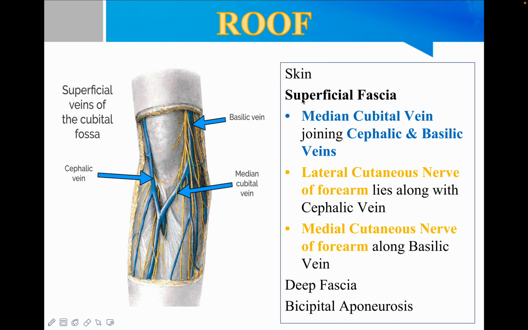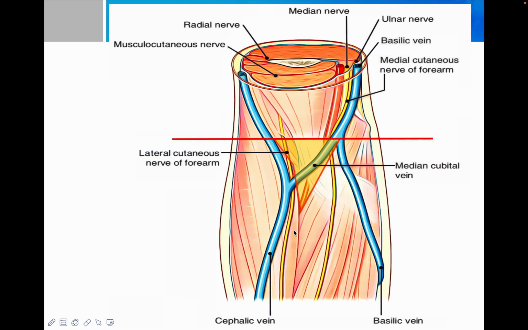Below the skin and below the superficial fascia is the deep fascia, which is covering the muscles, and also the bicipital aponeurosis, which we have already discussed in our video on muscles of the arm. So in the roof there is the median cubital vein, the medial cutaneous nerve of the forearm and the lateral cutaneous nerve of the forearm.